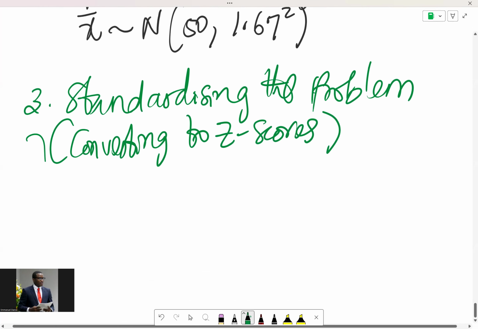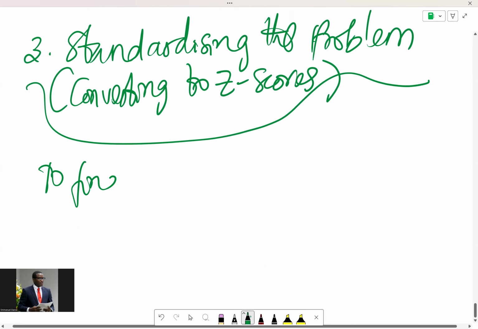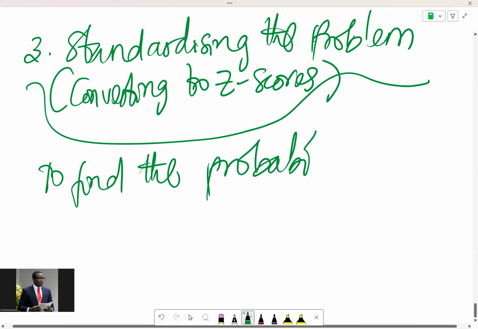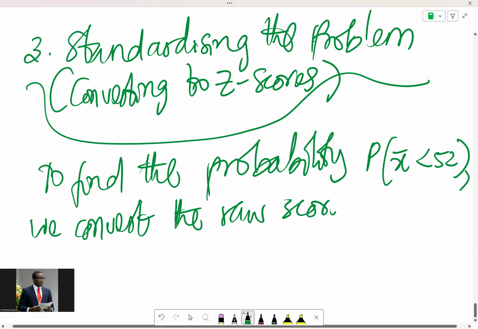So here, to find the probability that X bar is less than 52, we convert the raw score to a z-score. That way we standardize it.